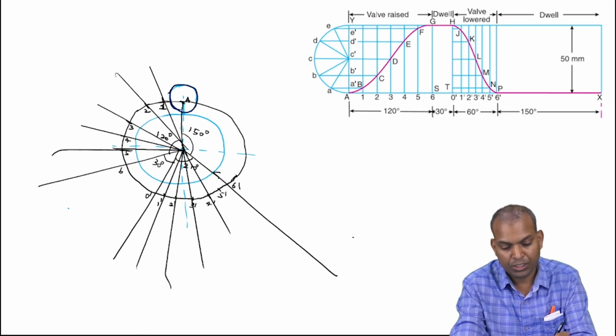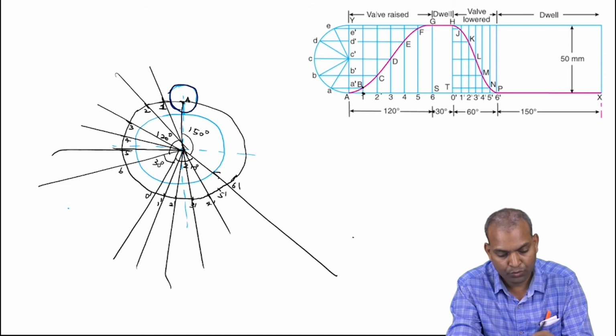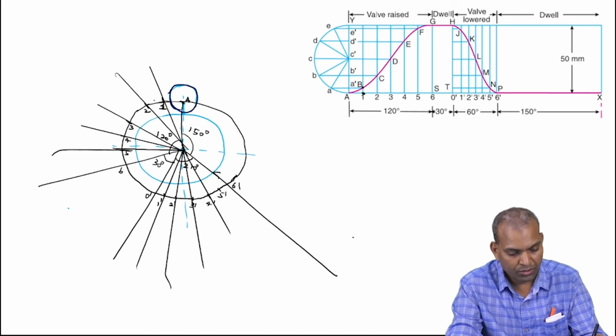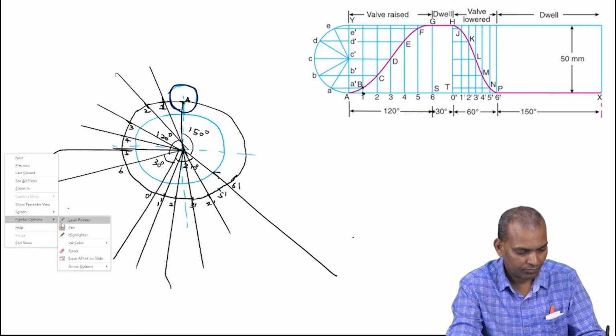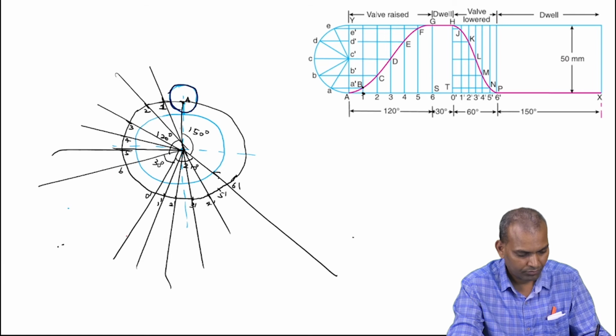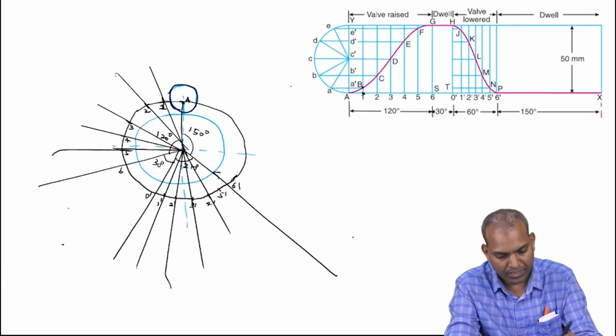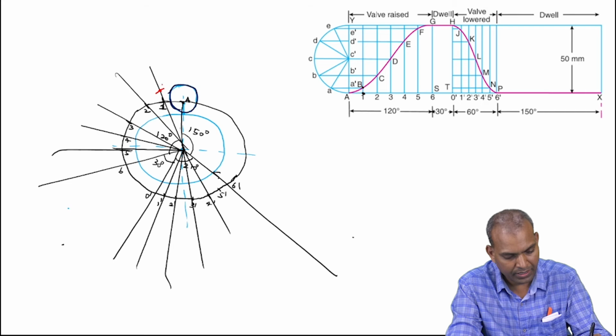Take a vertical displacement from the displacement diagram, 1 to B. Mark this point 1 to B.